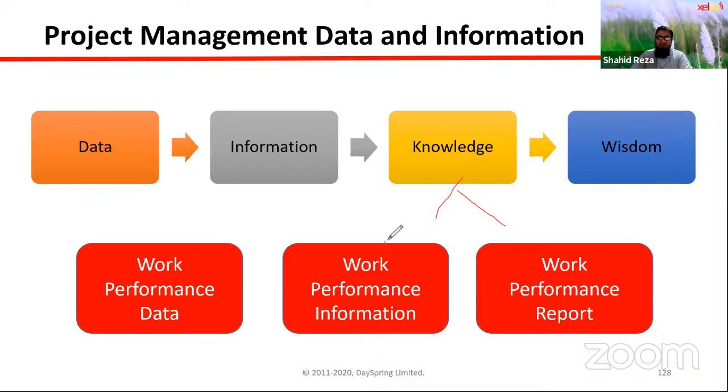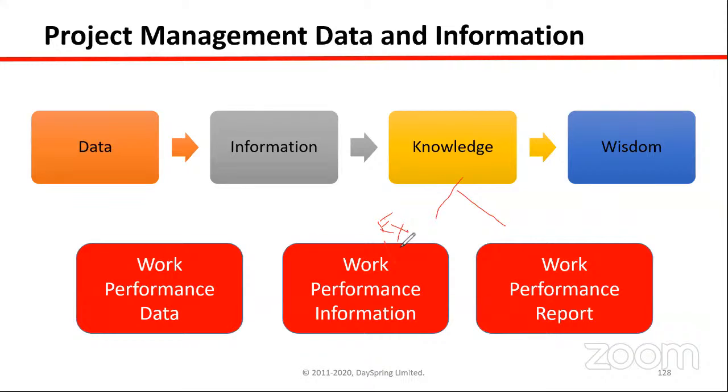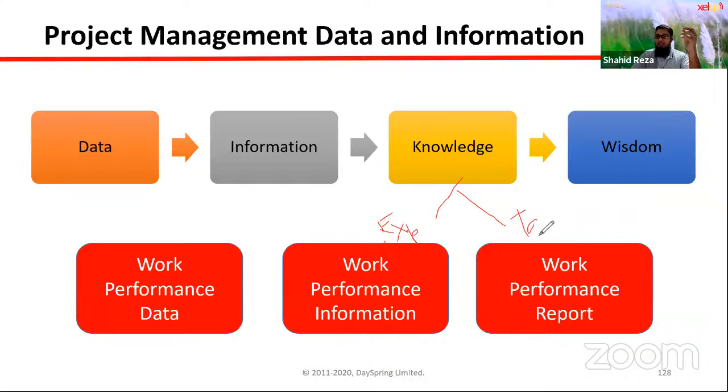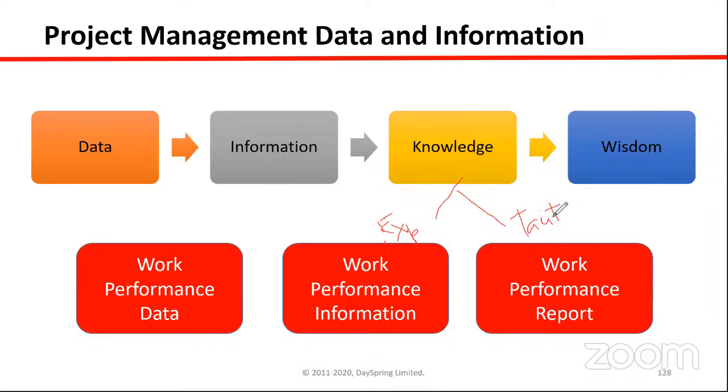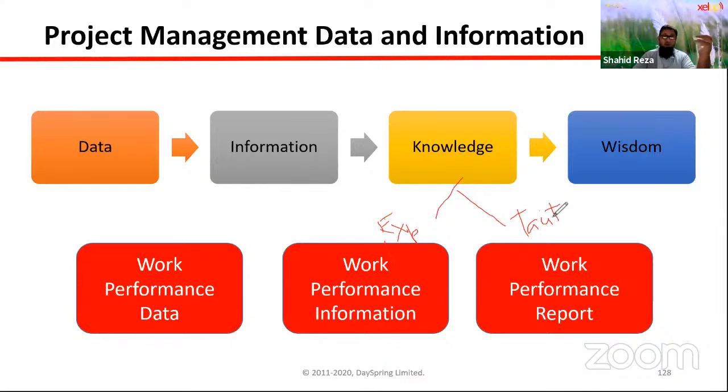One is explicit knowledge, which can be easily expressed, communicated or documented. Another one is tacit knowledge, T-A-C-I-T. Tacit knowledge means what you cannot convey to others easily. You cannot document it easily.